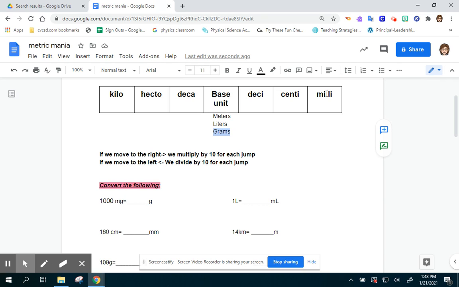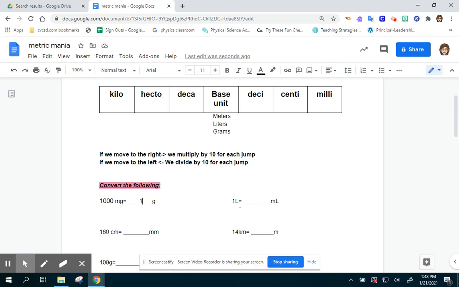So we need to figure out how many jumps it takes to get from here over to here. So I'm going to go 1, 2, 3 jumps backwards. So my decimal point, which is here, is going to move 1, 2, 3 jumps to the left, and therefore my answer is going to be 1 gram.